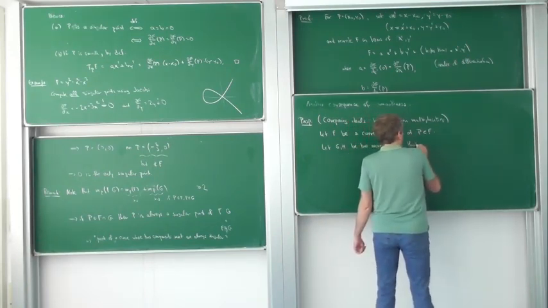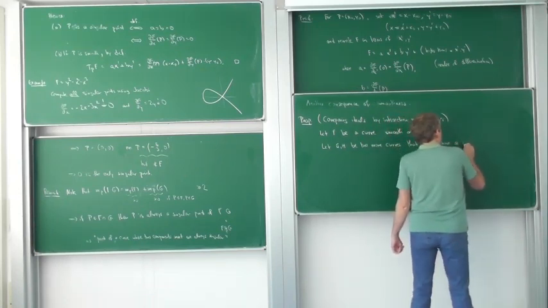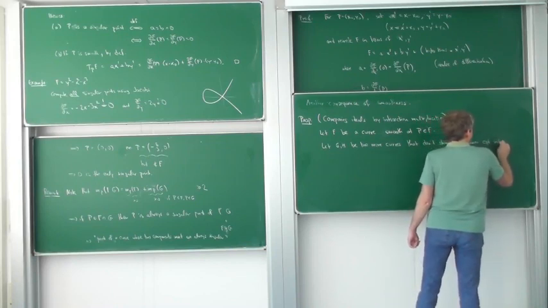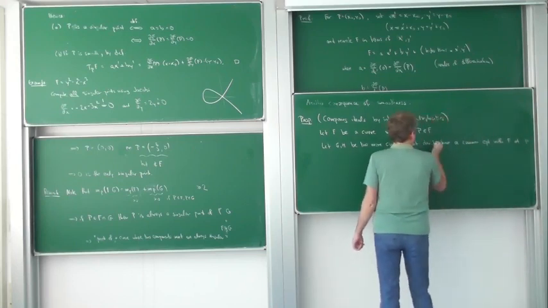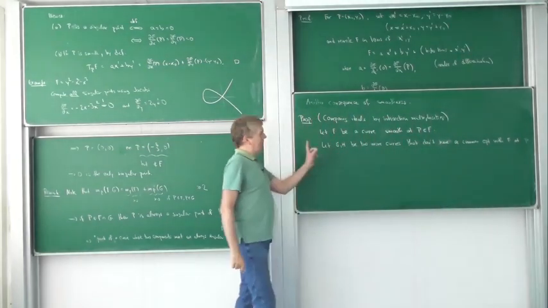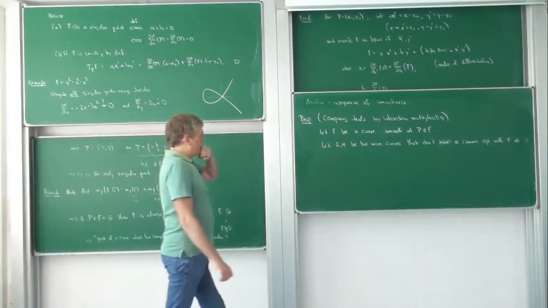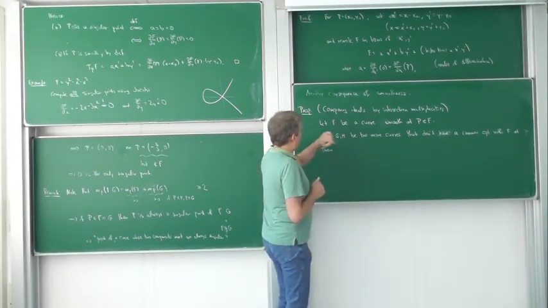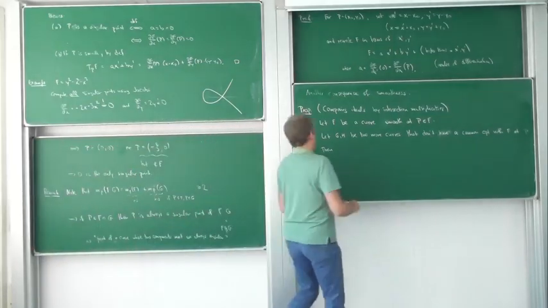That don't share a common component with F at P. So neither one has a common component. So F, G, and H might have common components, but not G and F and not H and F. So then the statement is, we can consider the ideal generated by F and G or F and H in the local ring.